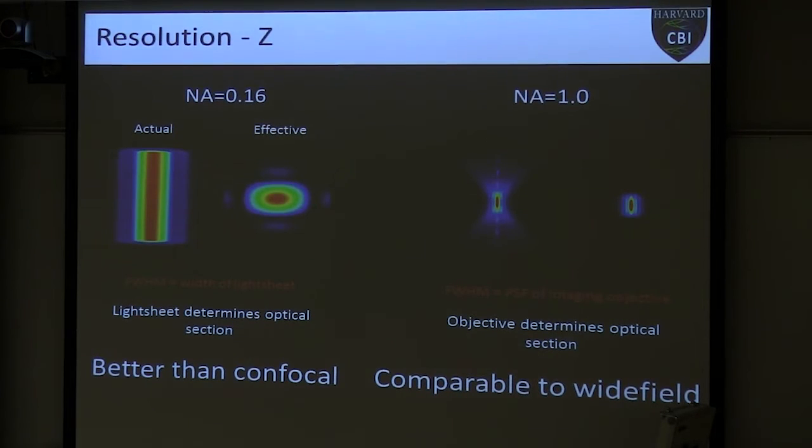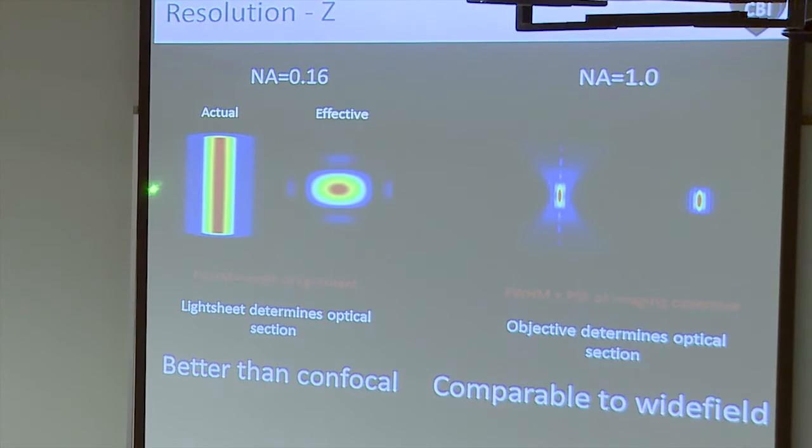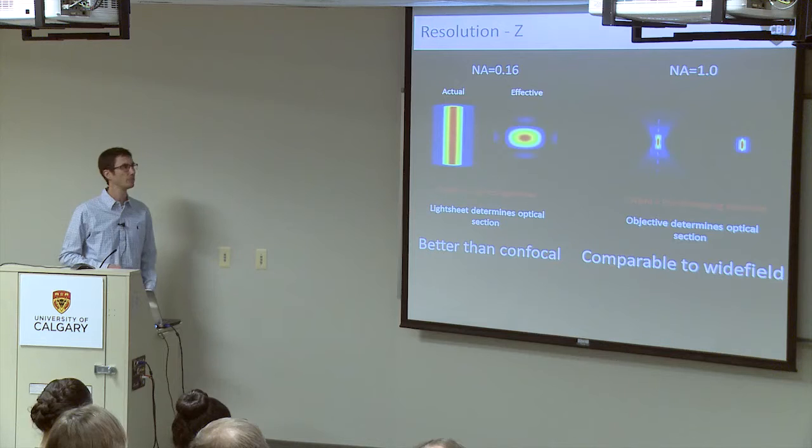All right, so just to beat the dead horse one more time, if we actually take a look at this convolution of these two point spread functions on top of each other, so for our low numerical aperture objective, here's what our point spread function looks like for that objective. I haven't shown you the light sheet point spread function, but it would be lying across this one in this dimension. And here is our effective point spread function now. Okay?